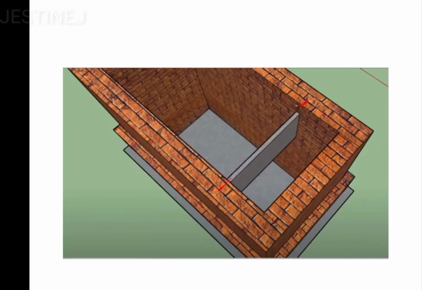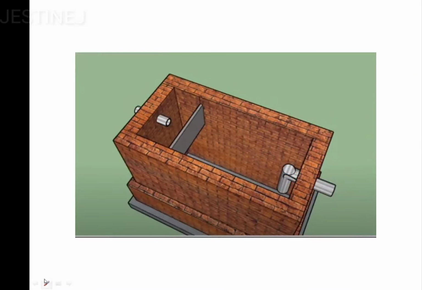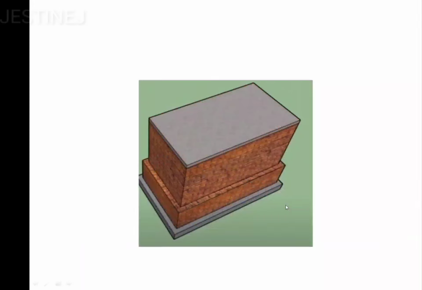Then here you can observe stoneware pipes, the inlet and outlet pipes, are provided, and it is closed with the RCC slab. So that is mentioned here. This is the RCC slab.